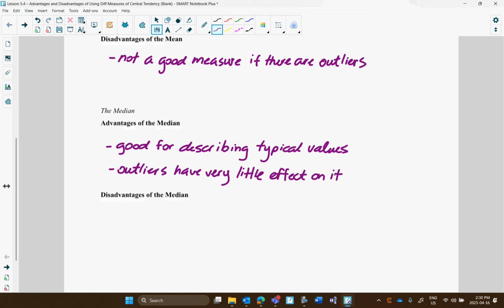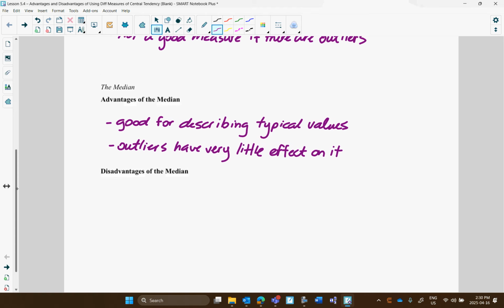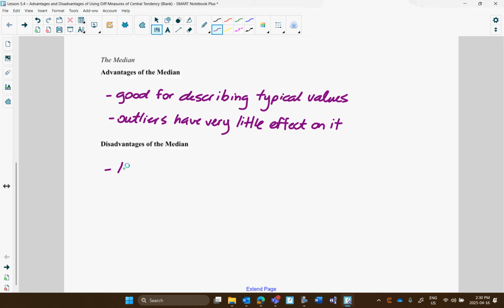The really big disadvantage of the median, it's time consuming to find. I'm just going to leave it at that. I'm not going to worry about adding anymore.